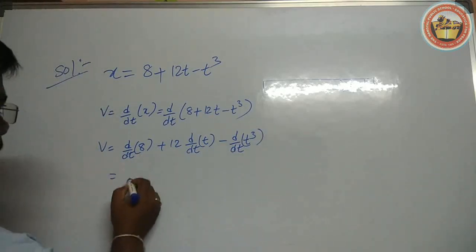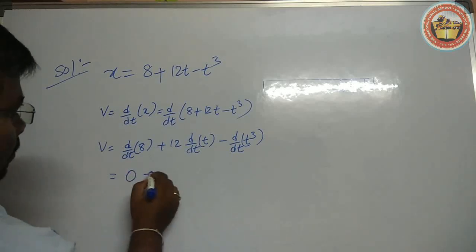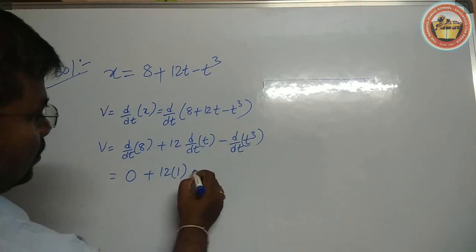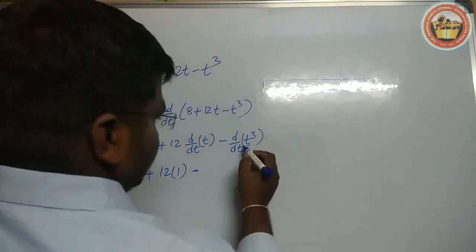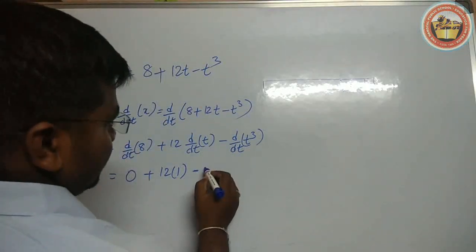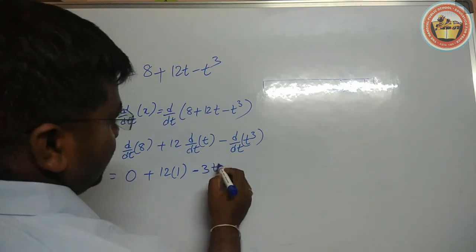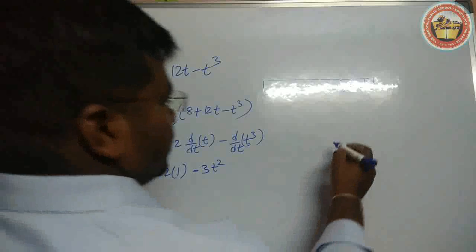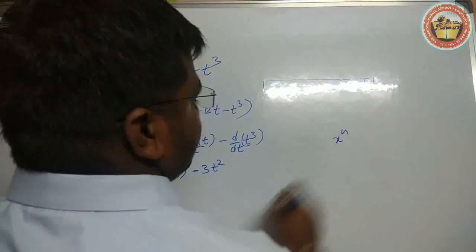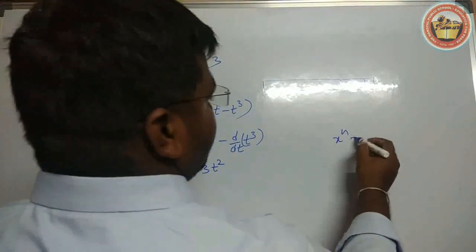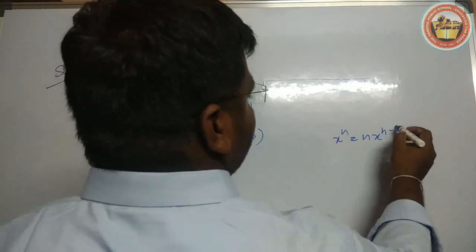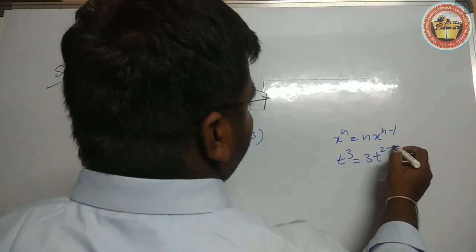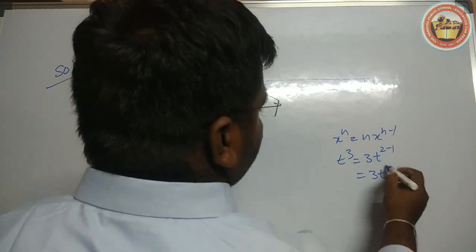Since 8 is a number, it becomes 0, plus 12 into 1, minus 3t square, because d by dt of x power n is n into x power n minus 1. t power 3 means 3 into t power 2 minus 1, which is 3t square.